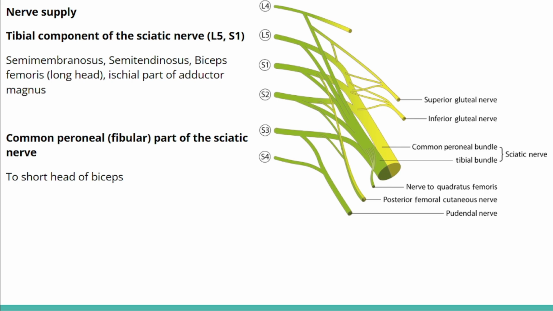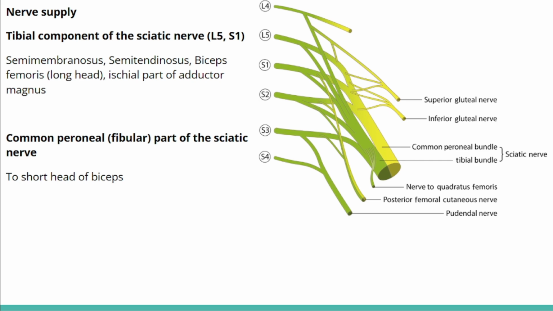As a summary, if we recall, the posterior compartment of the thigh is located between the gluteal region and the knee joint, and the main cutaneous nerve supply is from the posterior cutaneous nerve of the thigh. It has three main muscles: semimembranosus, semitendinosus and biceps. Biceps has a long head and a short head.